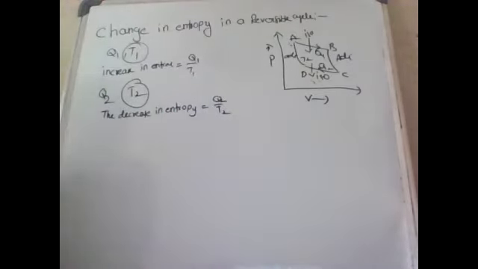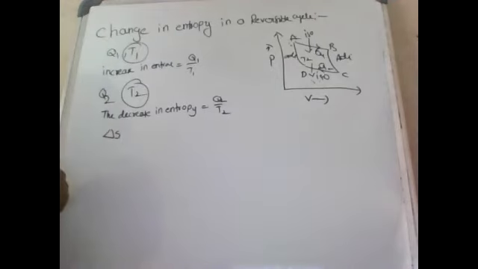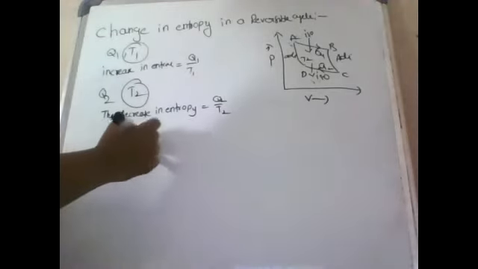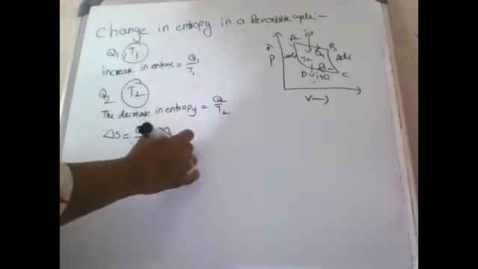Next, D to A, adiabatic compression. In adiabatic compression, we know that the entropy of the working substance remains constant. Next, the net change in entropy of the working substance in cycle ABCDA is given by delta S equal to Q1 by T1 minus Q2 by T2.